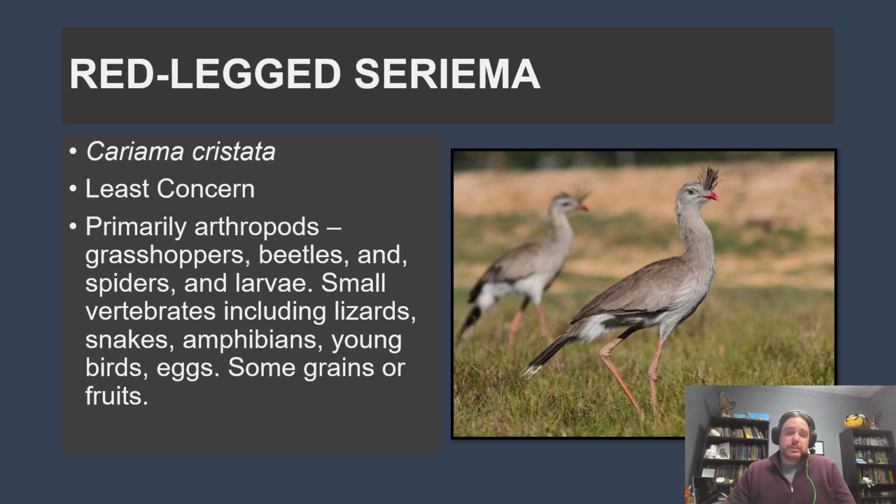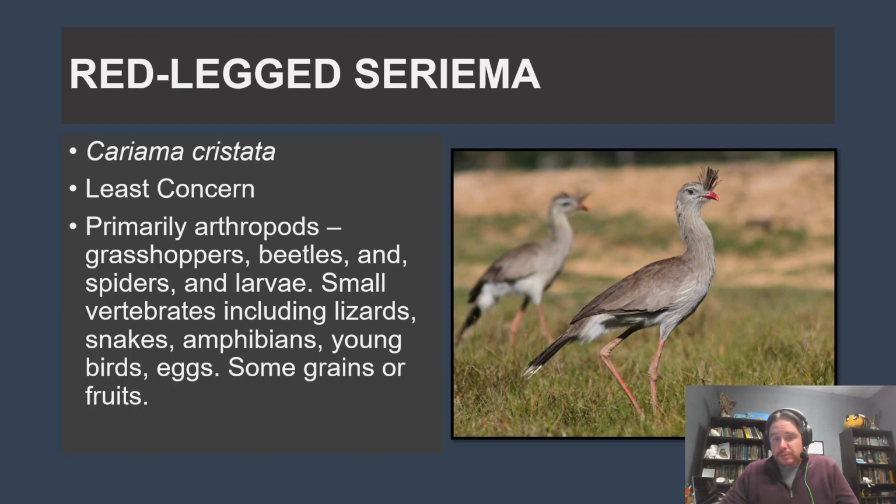And so we have the red-legged seriema, which is Cariama cristata. This is a least concern species of South America. I'll take a look at the distribution in a minute. It eats mostly arthropods, various arthropods, insects and spiders, and larvae, and then also small vertebrates. And you have a whole list of vertebrates here, including eggs and young birds.